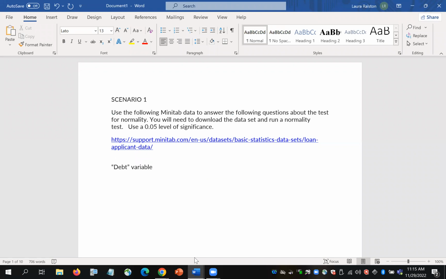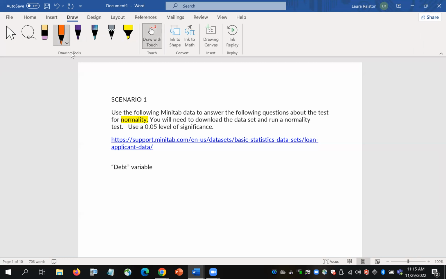So scenario 1 says, using the following Minitab data, answer the following questions about the test for normality. One of the things I'll notice in this question, guys, is that it tells me I'm doing a test for normality.